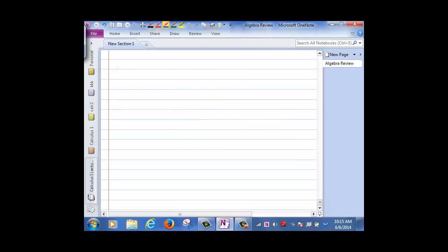So we say that f is discontinuous at a if it is not continuous at a.